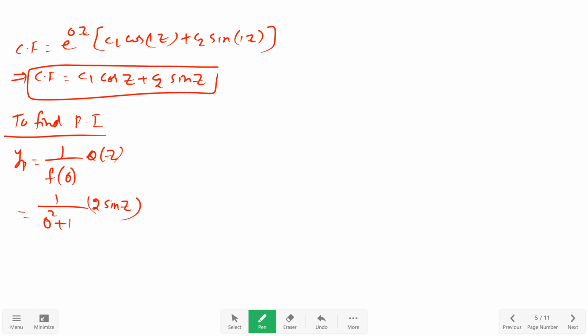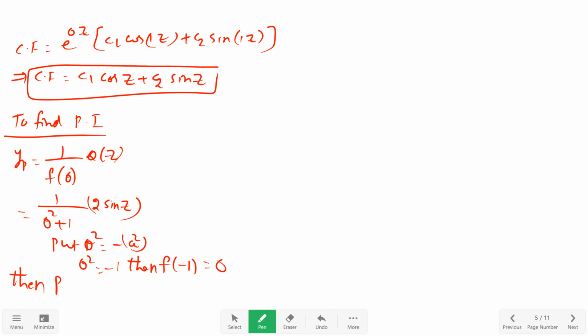The RHS is in the form of sin az, so the substitution is to put θ² = −a². So θ² = −1. Then f(−1) will be 0.